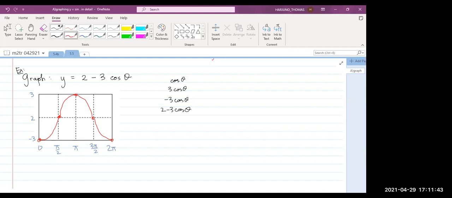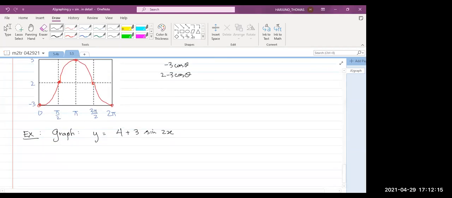Now, what happens if I change that theta or x into, let's say, 2x? Graph y equals, let's say, 4 plus 3 sine 2x. This 4 here is the center.